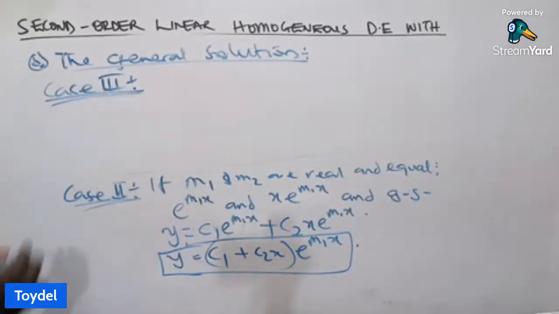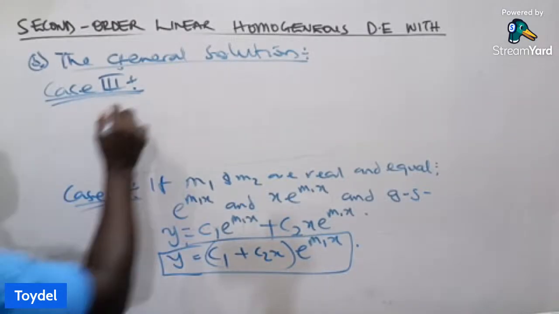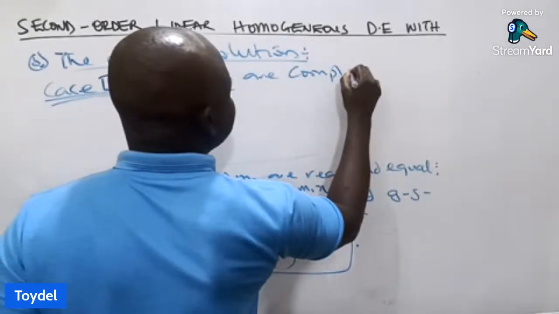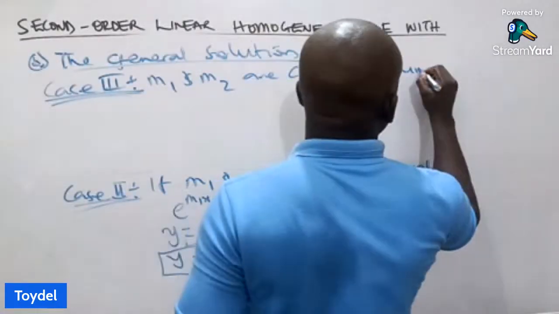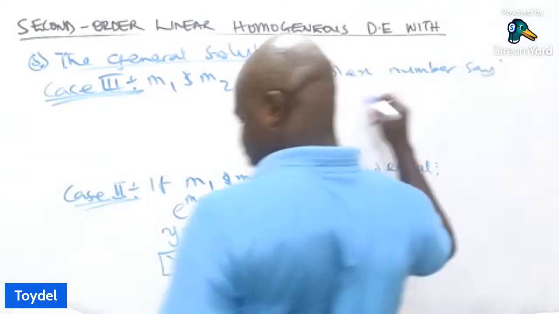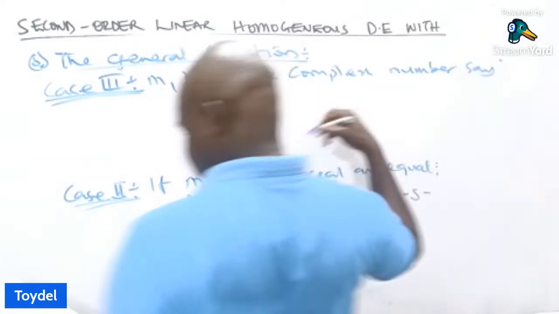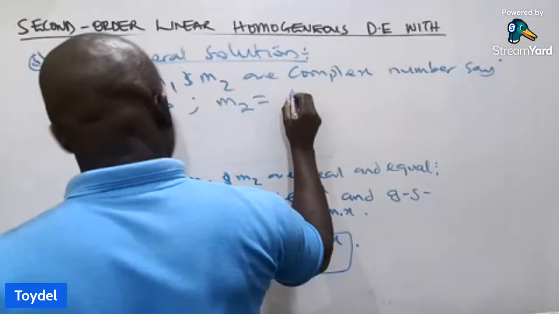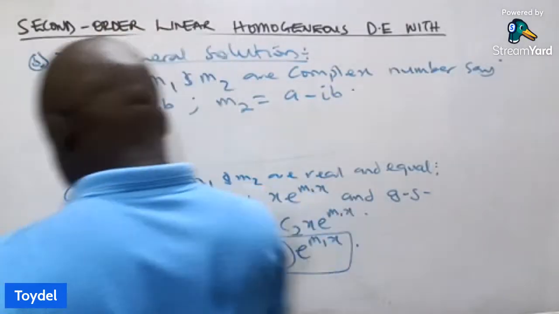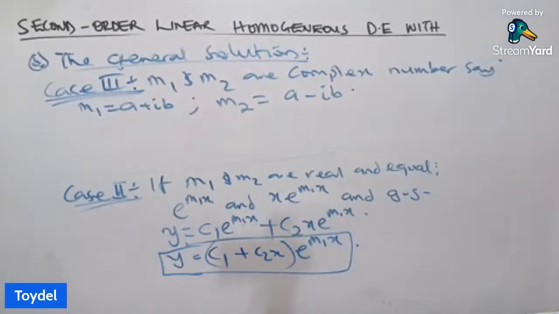So in this case, if M1 and M2 are not real, if they are complex numbers, say M1 is equal to a plus ib, then M2 is equal to a minus ib. Then what will be the general solution?